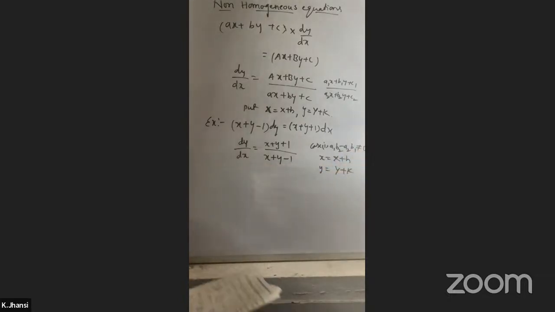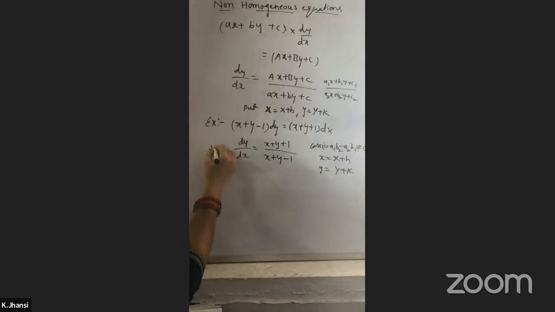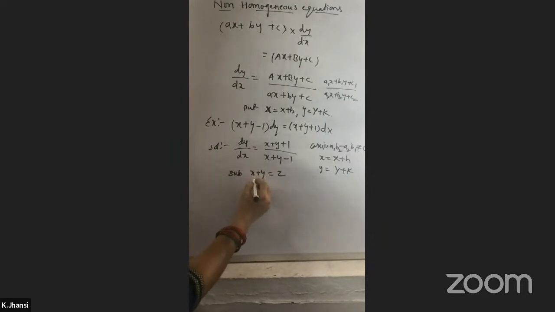So here you can substitute x plus y equals z. Now you differentiate this one. When you differentiate this one, what do you get? Differentiation of x is 1, plus y. When you have a variable other than x, you have to write the differentiation.